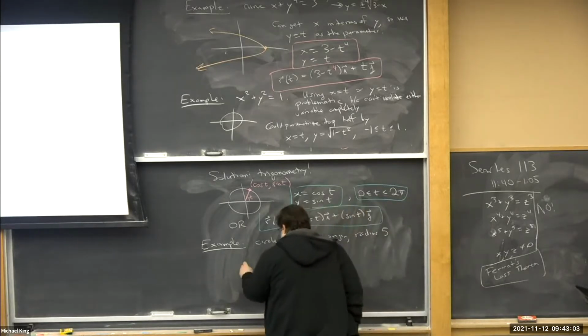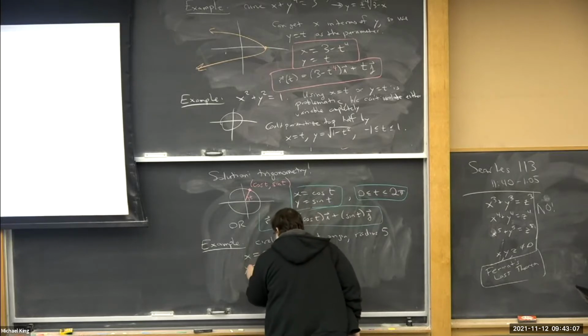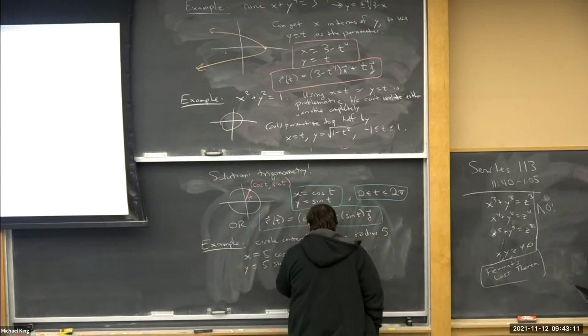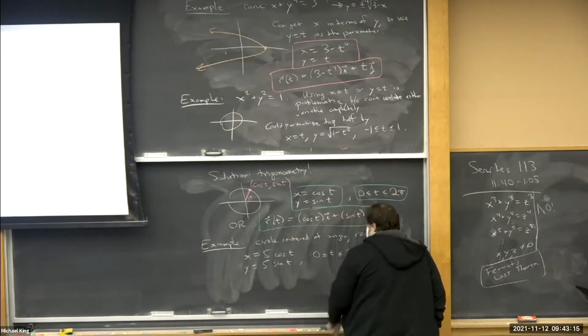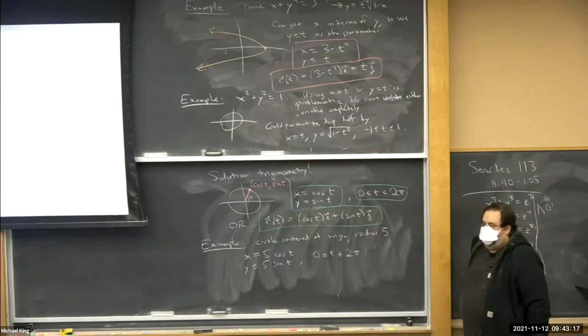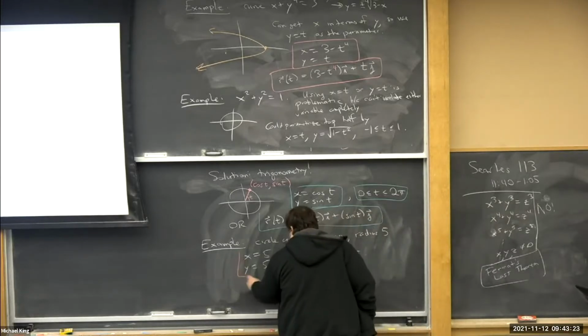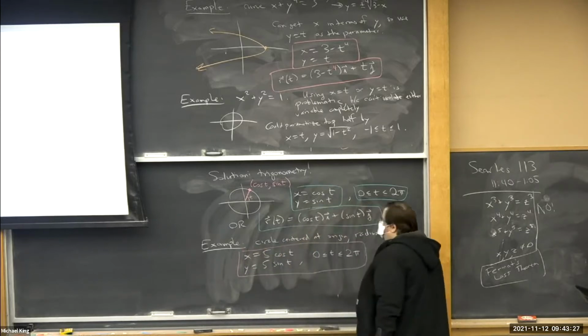Well, that would just be x equals 5 cosine t, y equals 5 sine t, 0 less than or equal to t less than or equal to 2 pi. Okay, so that's all I got to do there. Sometimes I'll just write this instead of the vector form. You can use one or the other.